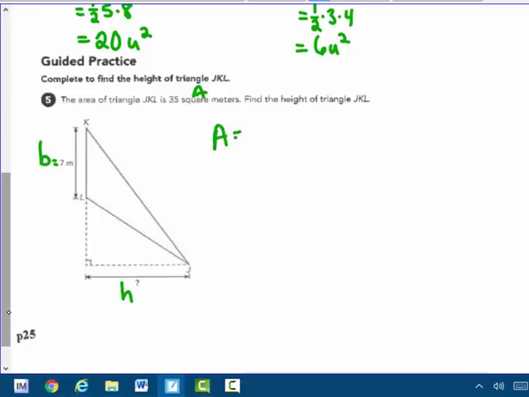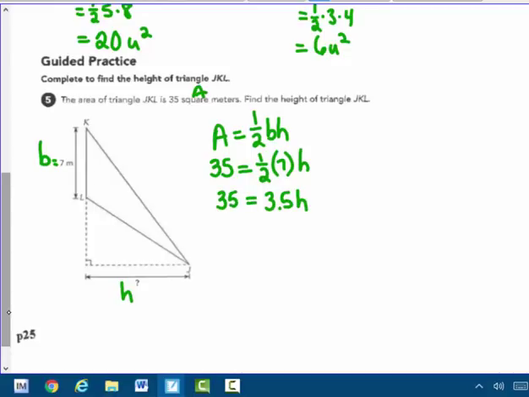So area equals 1/2 base times height. What do I know? I'm going to plug in what I know. 35 is the area. Half of my base of 7 times a height that I don't know. Well, half of 7 is 3.5. I don't know the height yet, but I can solve this equation, right?